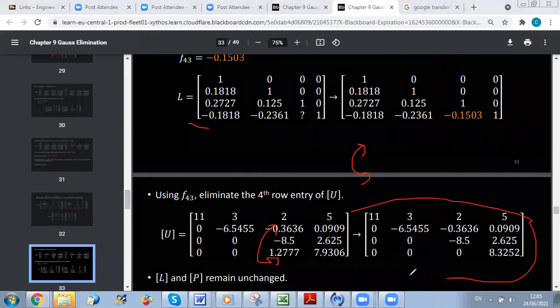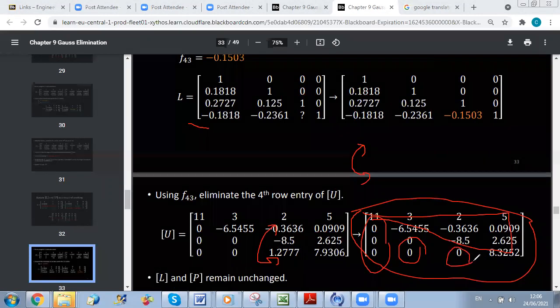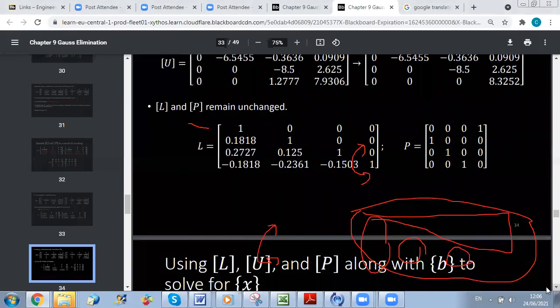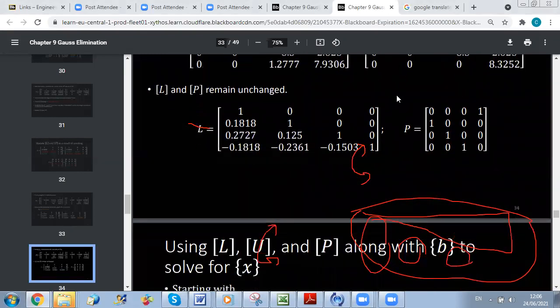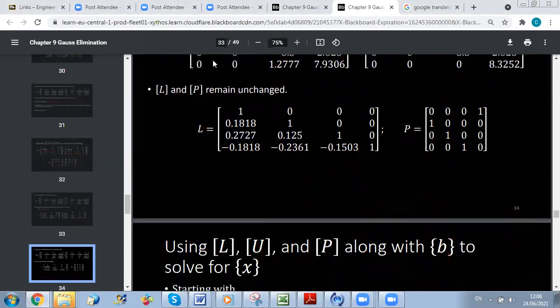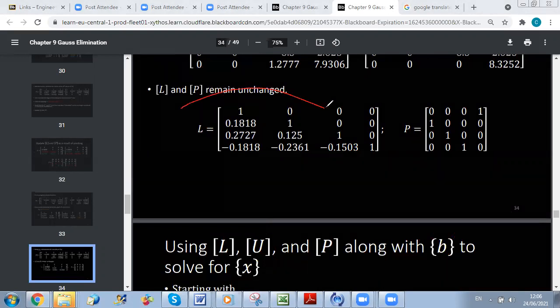As you can see, in the final state we have an upper triangular matrix, and due to forward elimination, all elements below the diagonal were transformed to 0. For L and P, these were the final matrices.